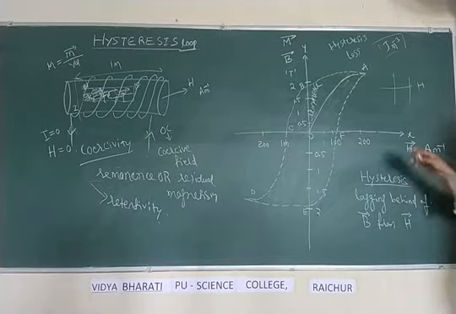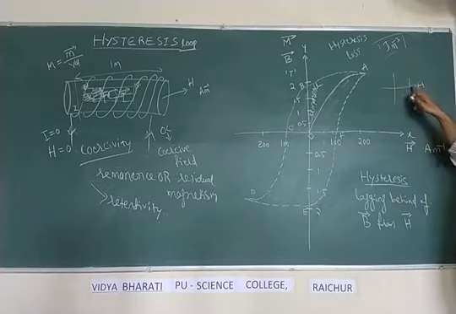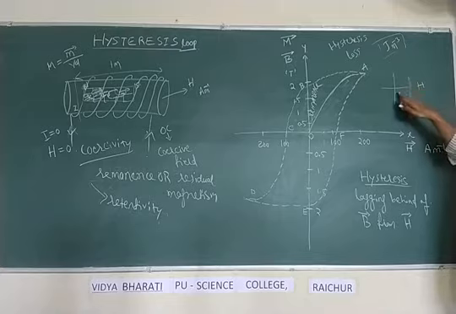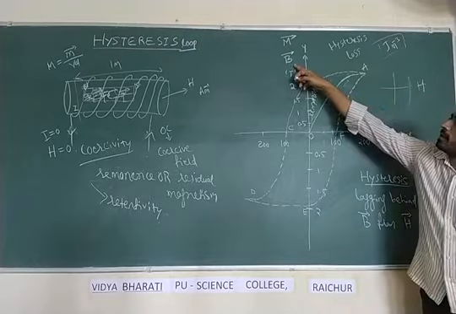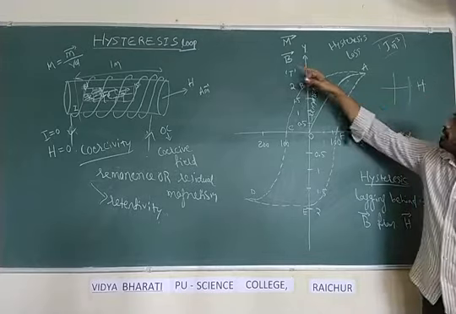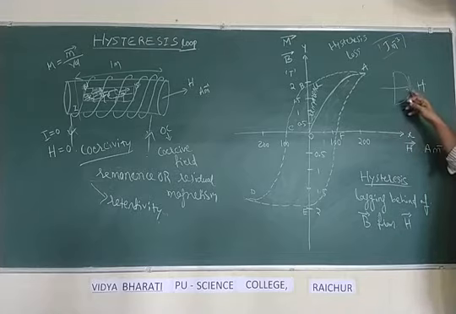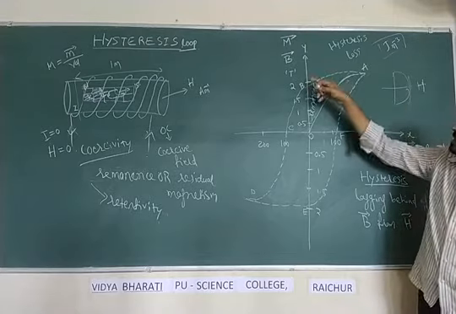While plotting the graph, we have to be careful. In the Cartesian coordinates, H, the magnetizing field intensity, comes along the x-axis, and here it is M along the y-axis, because I have seen many students take H along y and B along x.